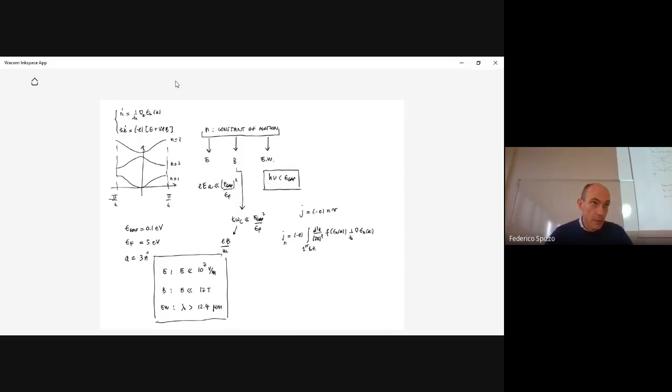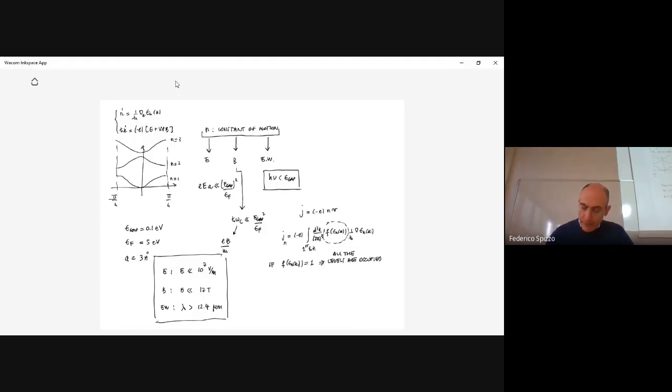Just suppose in this integral that f, the Fermi-Dirac distribution, is equal to 1. So if f is equal to 1, this means that all the levels are occupied.